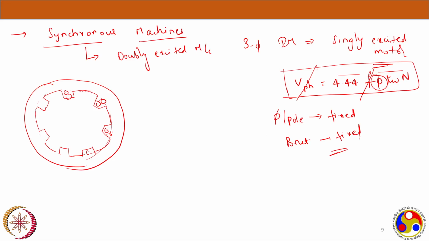So this is the three-phase balanced winding, and this is the stator.